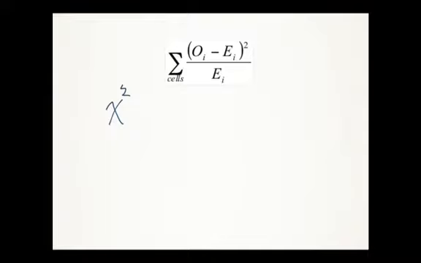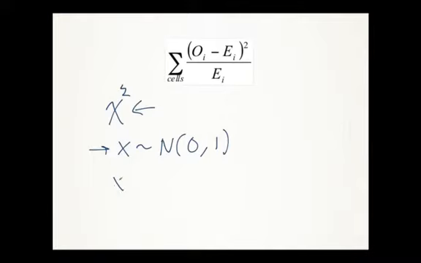So what is a chi-square distribution? We're not going to obviously get into the mathematical details. We'll leave those for the statisticians. But just so we have a bit of intuition about what a chi-square test is, if we have a random variable called x, don't confuse these two. This is chi-square. This is just normal x over here, okay? So if we have a normal random variable called x with mean 0 and variance 1, so I write that like this: X has a normal distribution with mean 0 and variance 1.